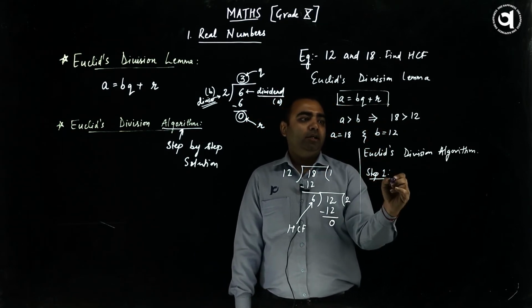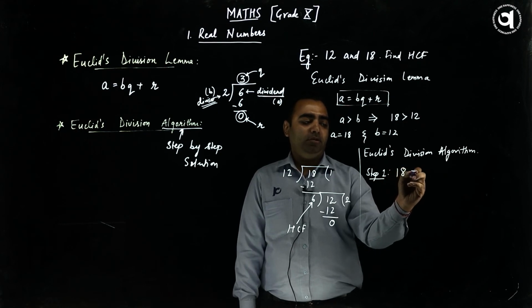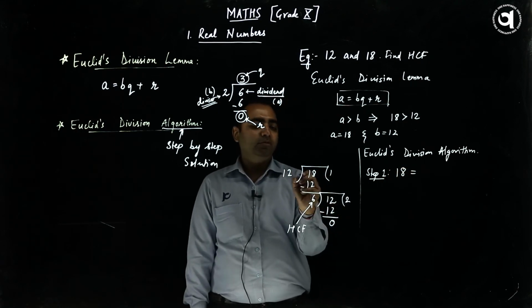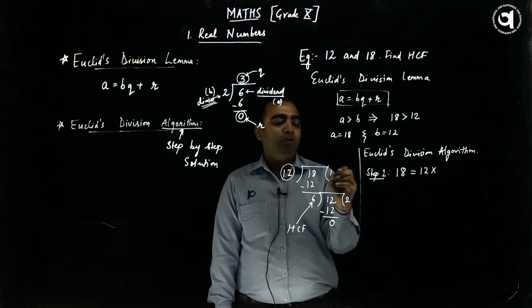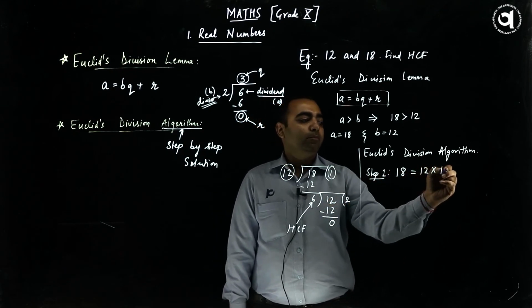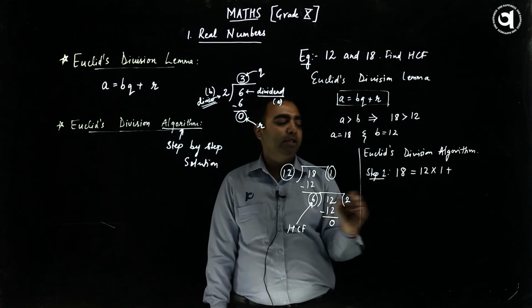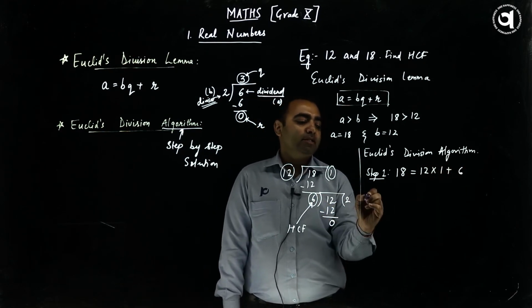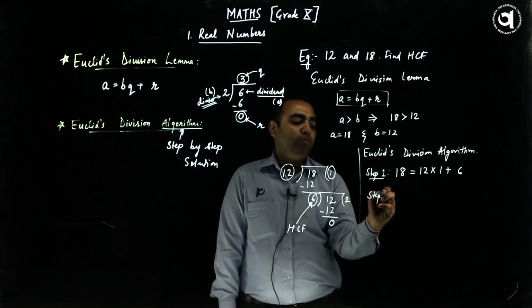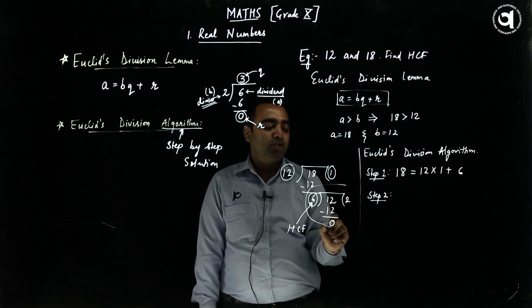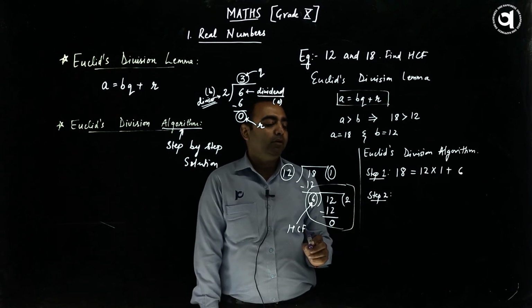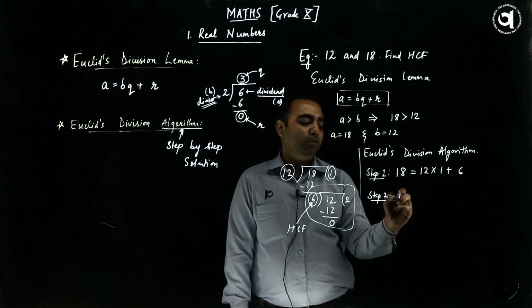So what will be our A? Here A will be 18 equals to, what will be our B? That is 12. So 12 multiplied by quotient, that is 1, plus remainder at this stage, that is 6. So this will be our step 1. Now step 2. Again in step 2 we select this portion. In that, what will be our A? That is 12.